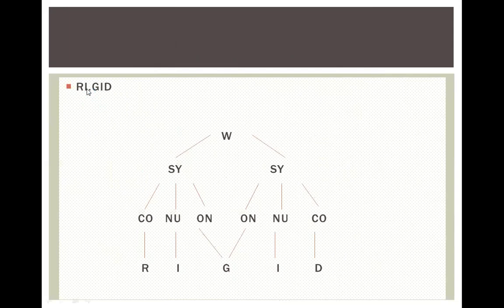And when we elaborate rigid, it is divided as ri-gid. So the first consonant is the onset, and I is a vowel, so it's the nucleus. G is the onset because it's a consonant. I is a vowel, so it's the nucleus, and the last D is a consonant, so it's the coda.